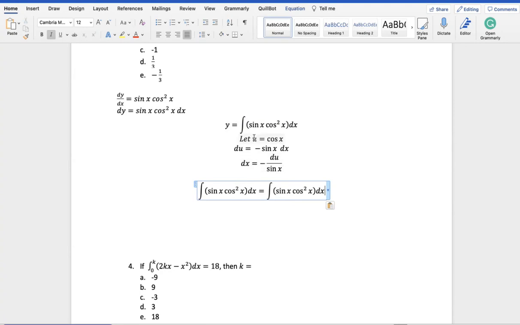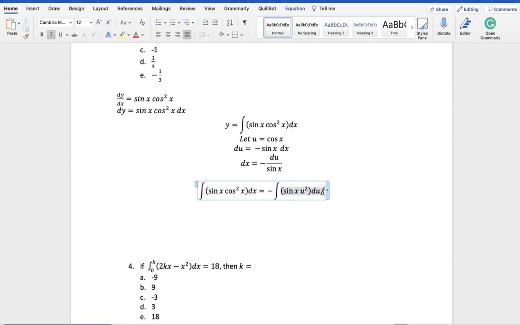You remember you let your u be equal to cos of x. So now you have u squared there, and dx is just equal to negative du divided by sine of x. So I'll just take the negative in the front here.